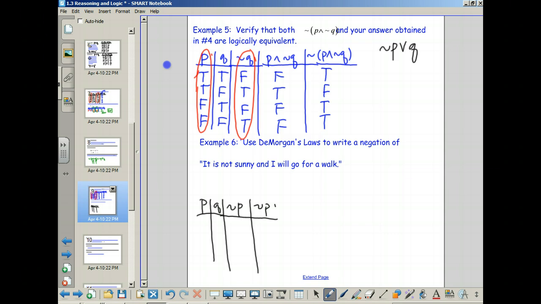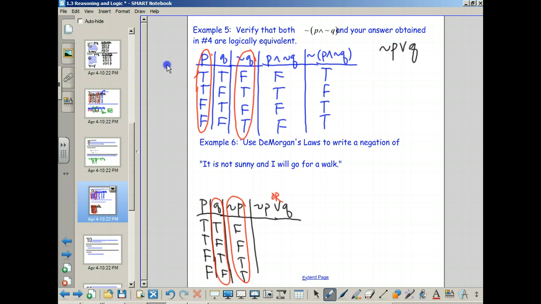Tilde P or Q. Okay, so what goes in the P column? True, true, false, false. What goes in the Q column? True, false, true, false. What goes in the tilde P column? False, false, true, true. Then I want to compare the tilde P column with the Q column to create an OR statement, right?